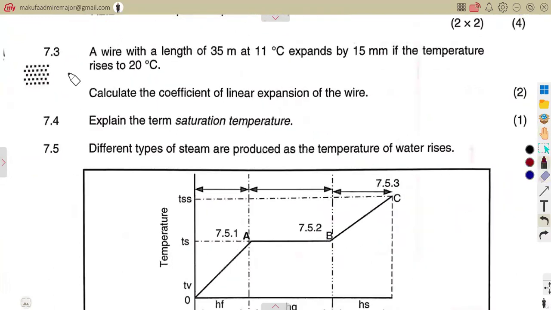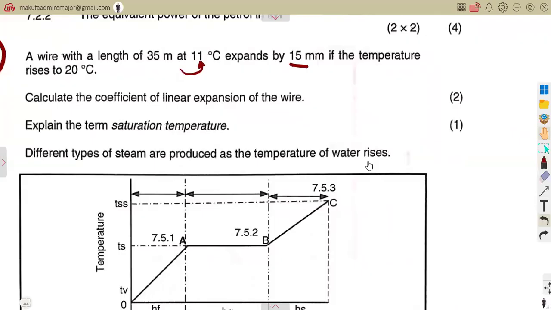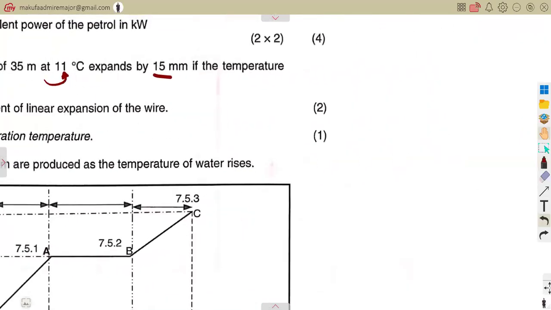All right, then we are given 7.3. A wire with a length of 35 meters at 11 degrees Celsius expands by this. So initially, we have got the original length of this wire at 35 meters, at the initial temperature of 11 degrees Celsius.